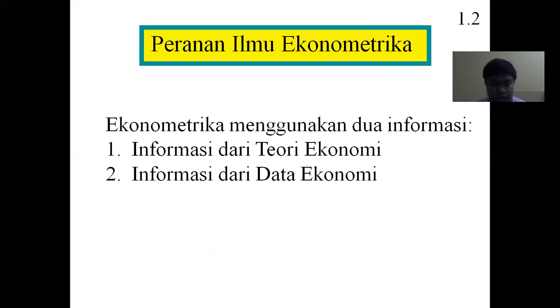And econometrics uses two kinds of information. The first one is information from economic theory, and the second one is information from economic data. Of course, we define the situations based on the theory, because theory is the justification of empirical situations.